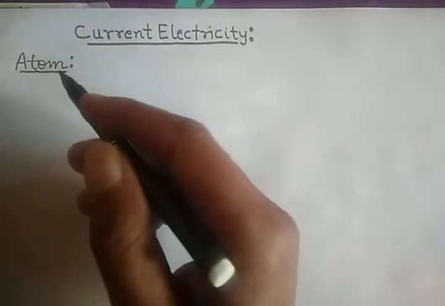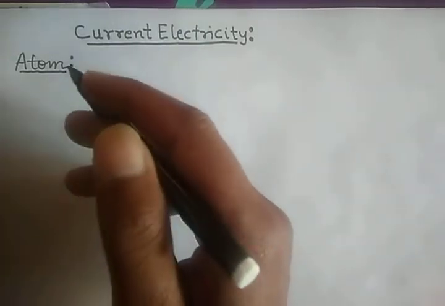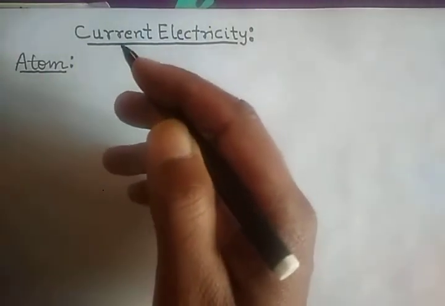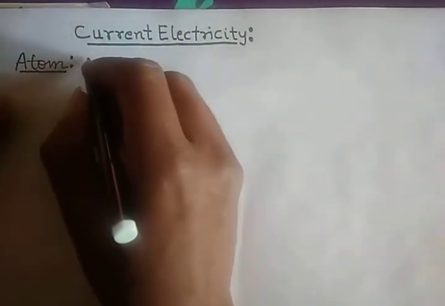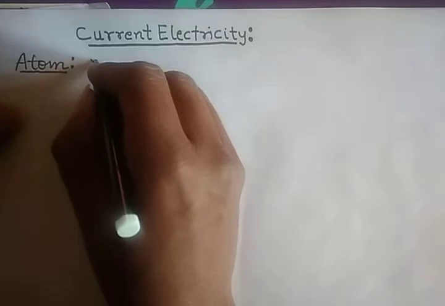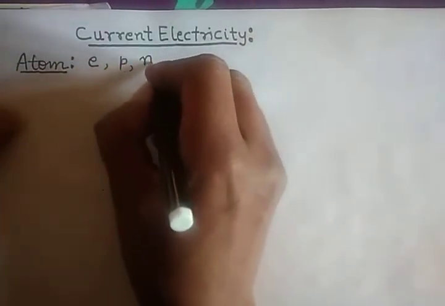But what does an atom consist of? There are some particles which form an atom. So an atom consists of electrons, protons, and neutrons.